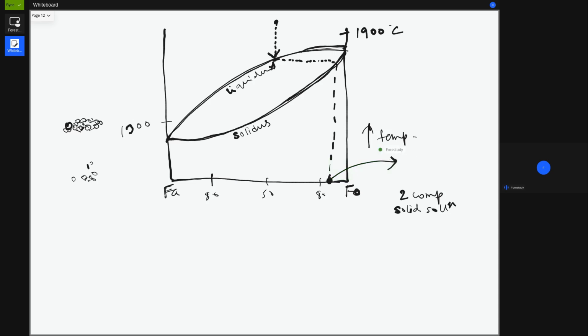So here at this point, the melt composition is this.